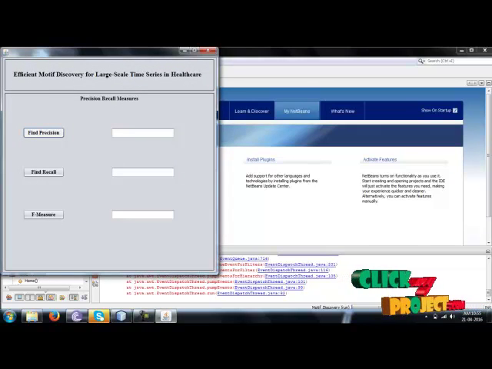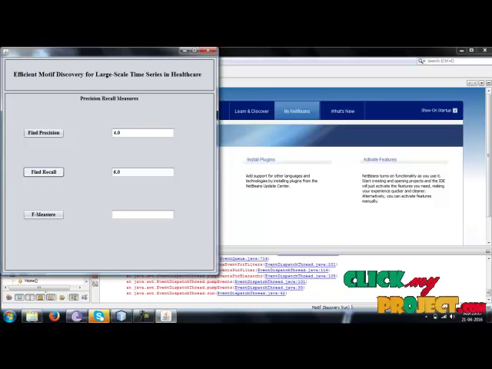The precision formula is the number of nodes divided by the sum of all the nodes, and the precision is 4.0. Then find recall. Recall is the number of nodes and correct motifs divided by all correct motifs.